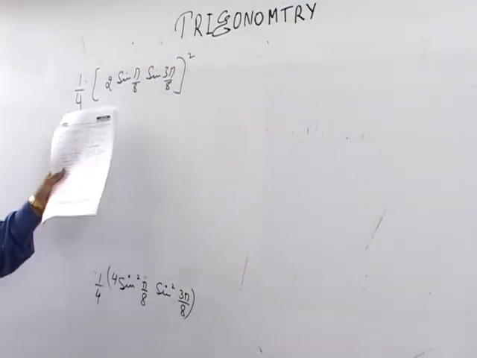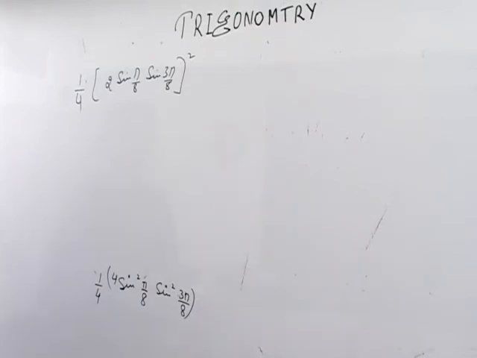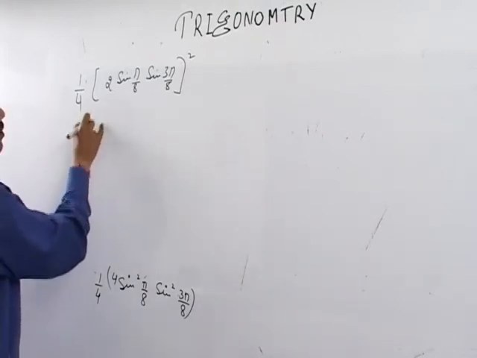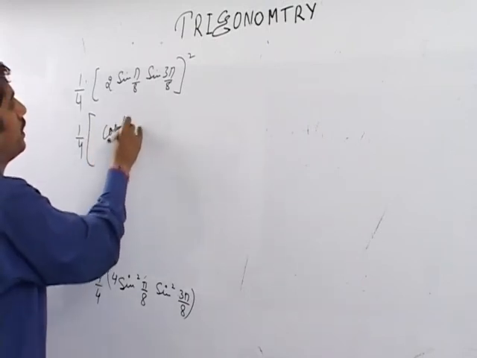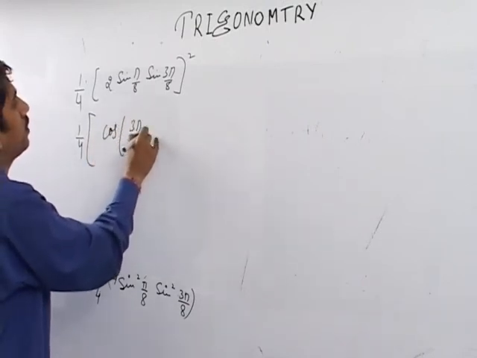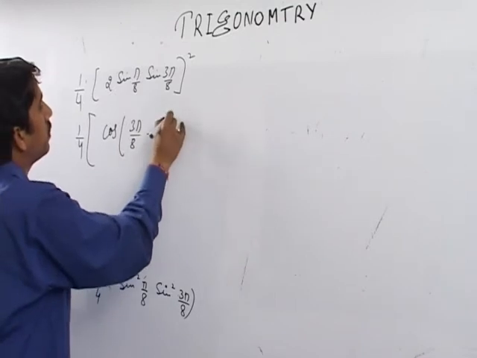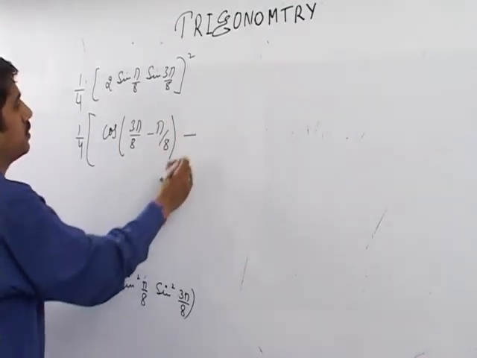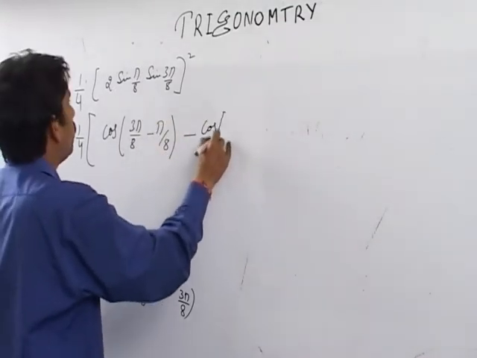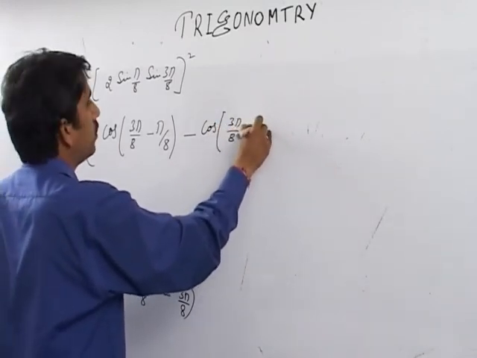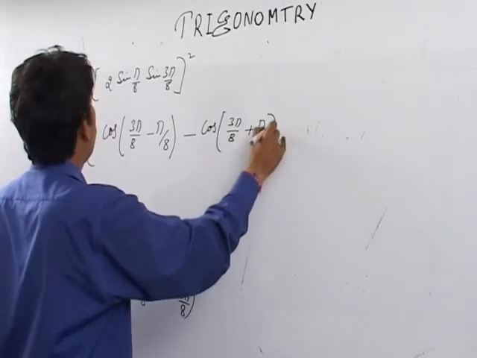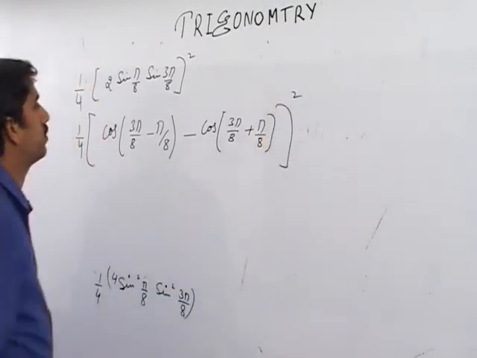Now this is 2 sin A sin B, which will be equal to 1 by 4. This is cos of A minus B, that means 3 pi by 8 minus pi by 8, minus cos of A plus B, that means 3 pi by 8 plus pi by 8, the whole square.